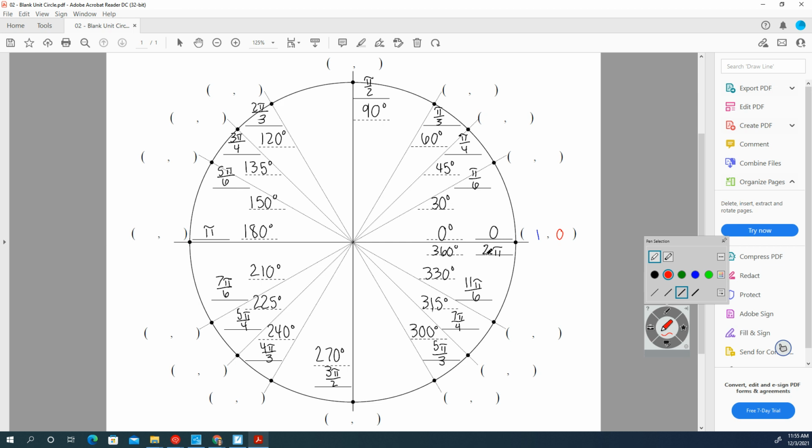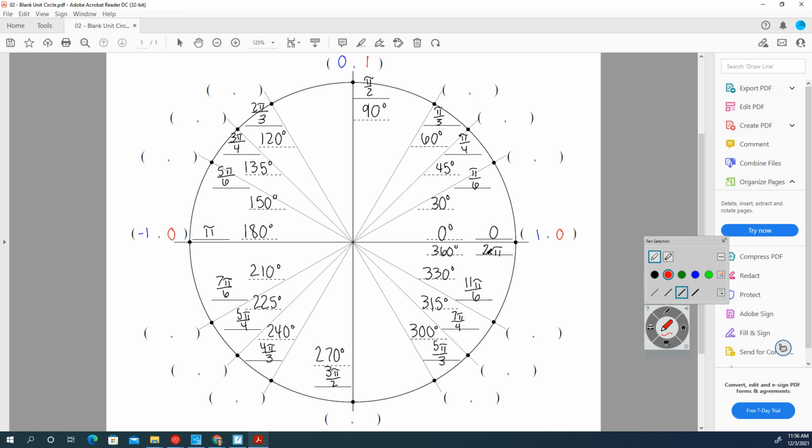So then 180 degrees would be -1, 0. I think you're going to do 90 degrees. Yeah, we can do that next. I should count in radians. Okay, pi over 2 would be 0, 1.